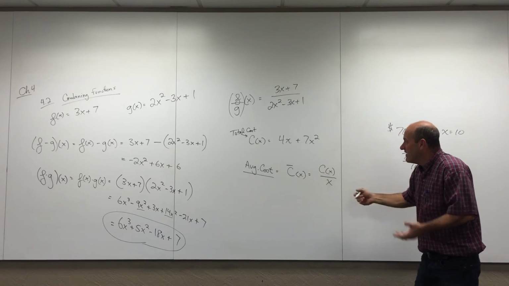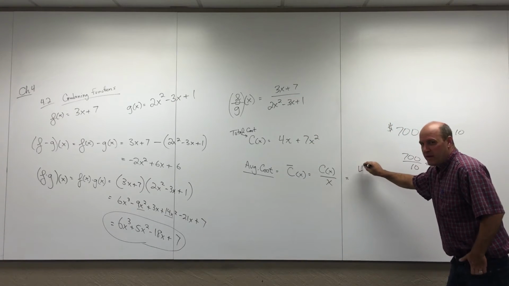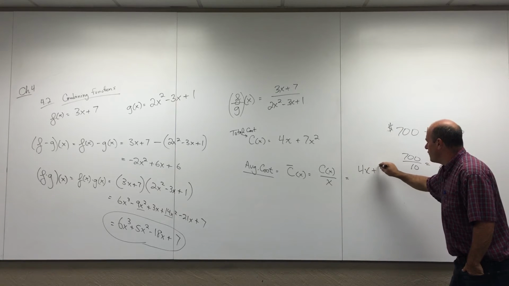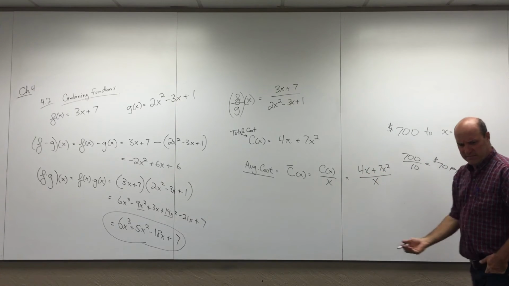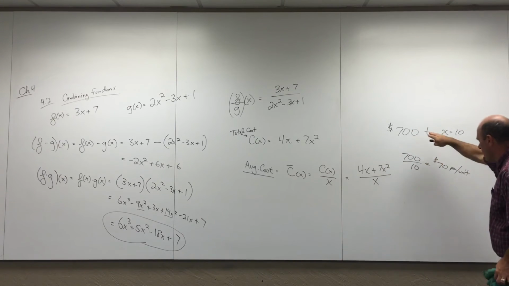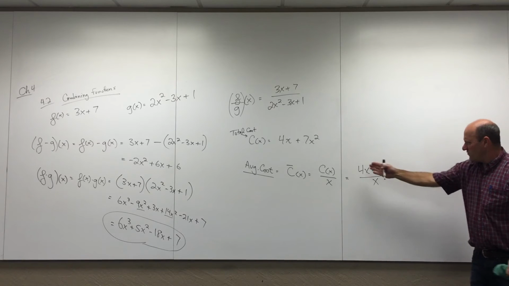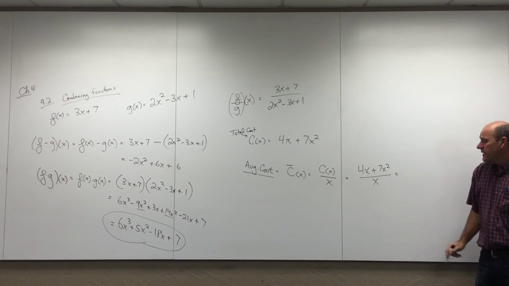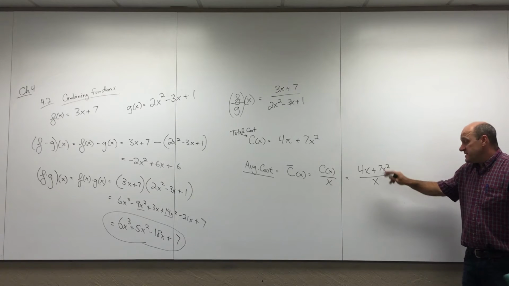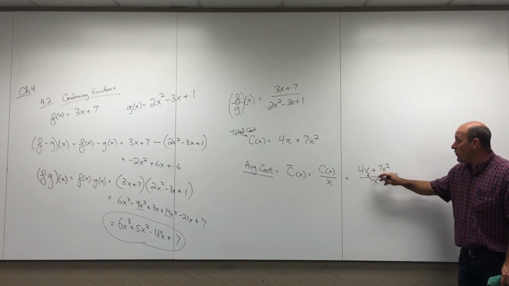So watch how you do that. If this is my cost function, you take your total cost and divide by x. I did it over here with numbers, but in general, you take your total cost function and you divide by x. It's easy to divide by just an x because you can divide the x into both these terms.